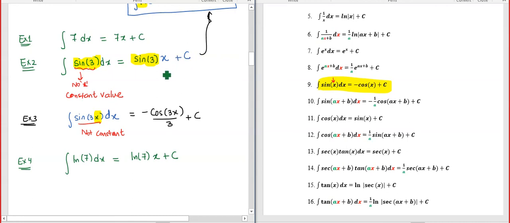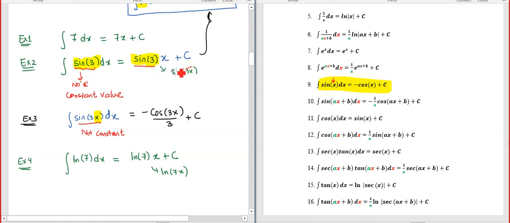I have a question. Can I write this term as sine of 3x? And this term as ln of 7x? Think about it. Can we? Be careful. It is sine of 3, which is a constant value, and this whole thing is multiplied by x.